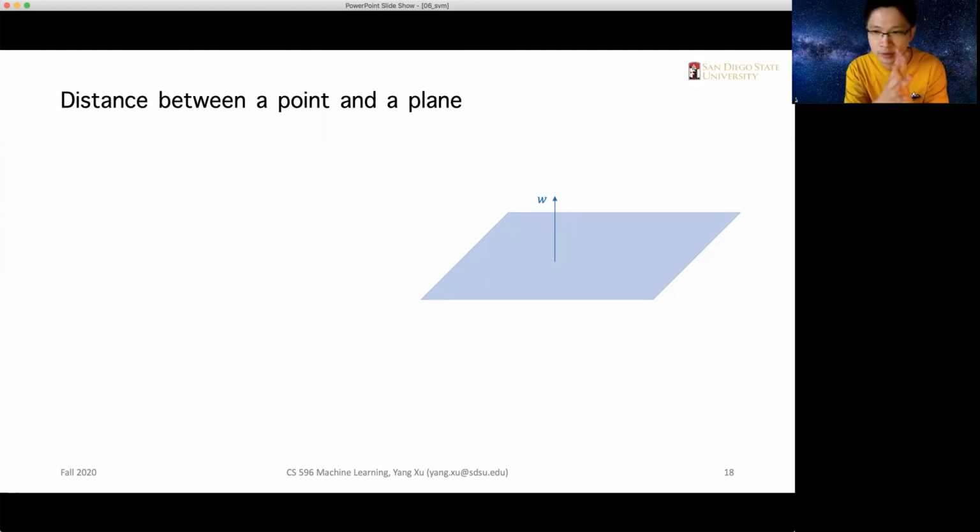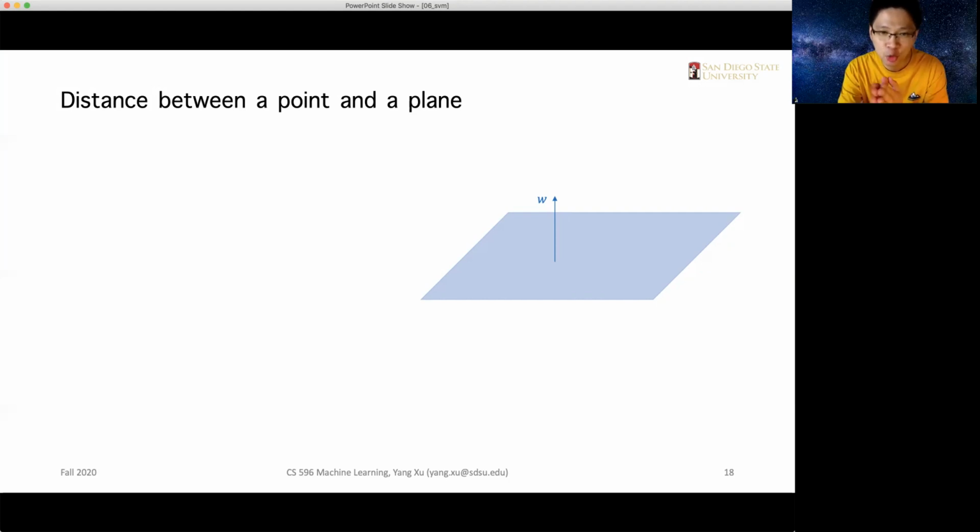Because if the boundary is too close to the two sides, then it is more likely to make mistakes. Right? If a new data point appears in a place that just crosses the boundary, then it could be a misclassification if the boundary is too close.